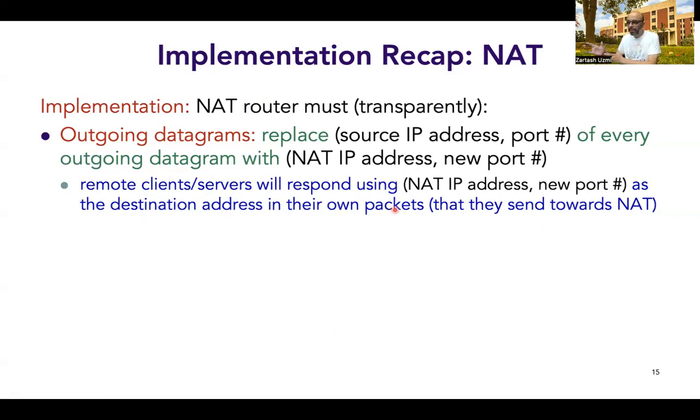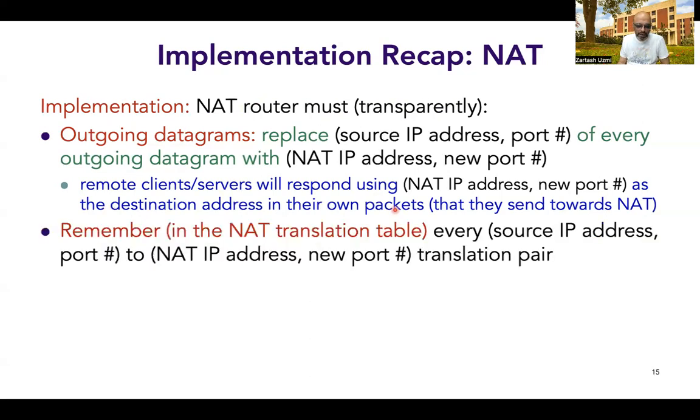So the internal packet which passes through the NAT will have its source IP address rewritten, and the remote guy, which is beyond the NAT, will respond back to the NAT address. The NAT device should also remember in its translation table whatever translation it has done, whatever internal IP address and port has been translated to an outgoing IP address and port number.